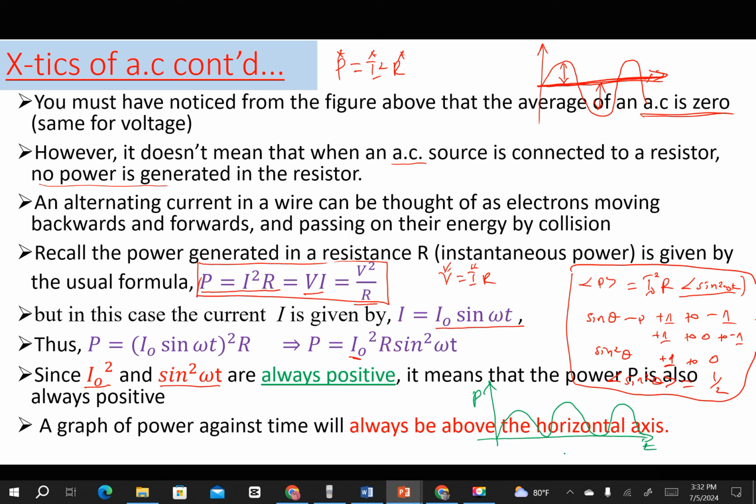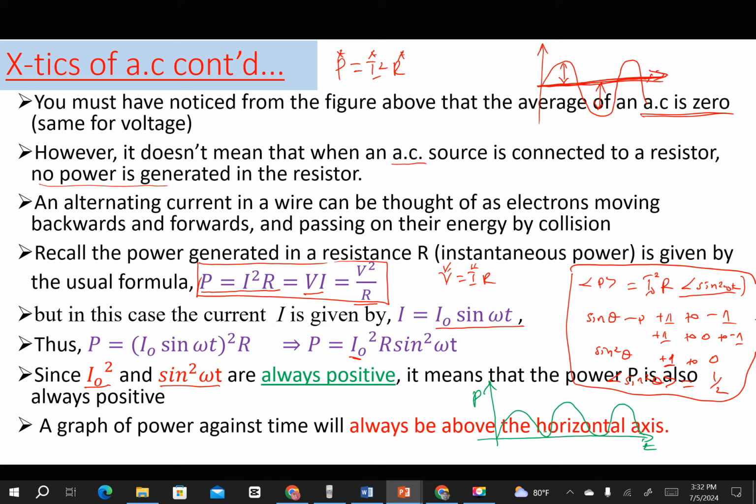So if the power is always positive, the average power can never be 0. And if the average power can never be 0, it is enough to tell us that there is always power dissipated in a resistor when alternating current flows through it.